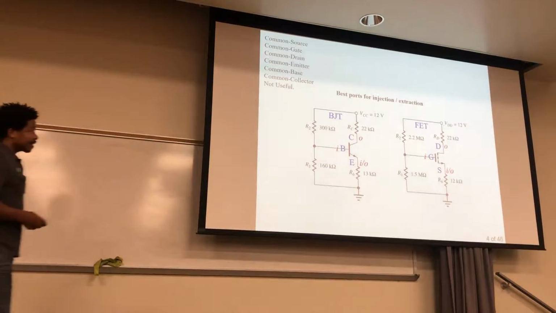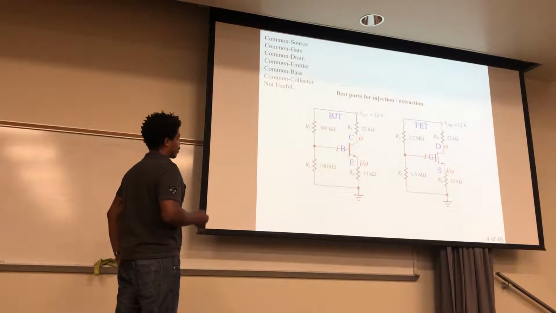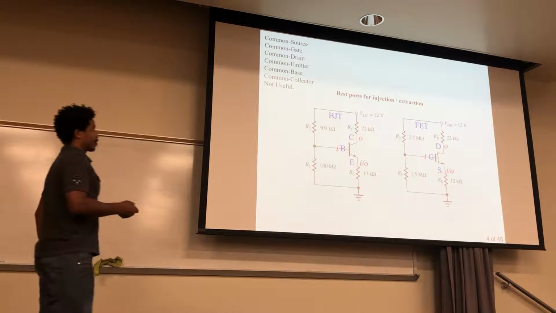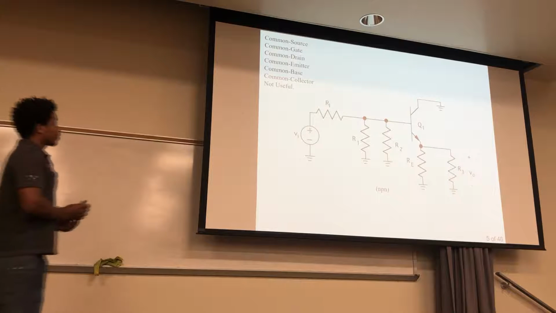It doesn't mean you can't do it, but it just won't be useful. So base and gate are inputs, the collector and drain are outputs, and the emitter and source can be either or.